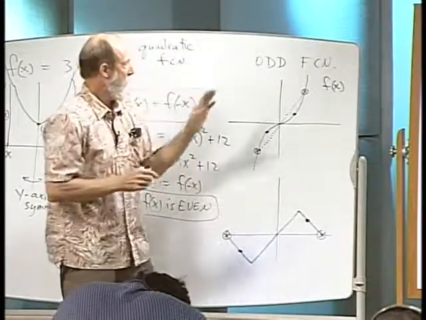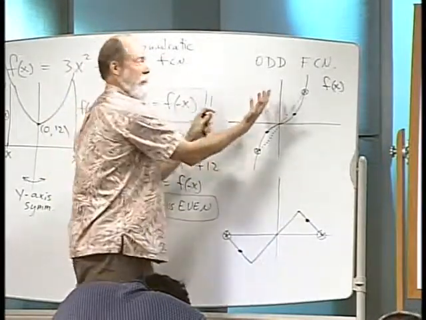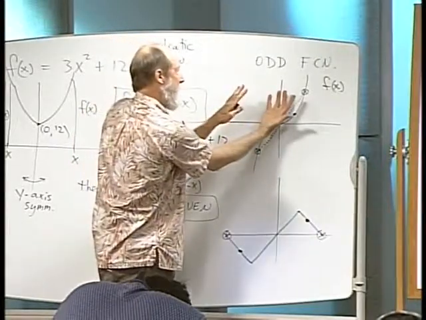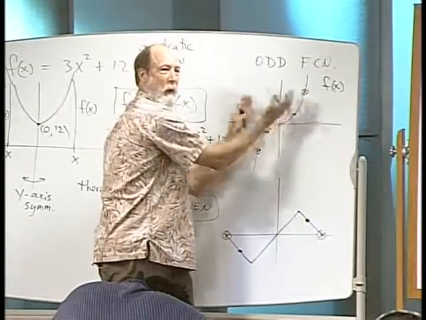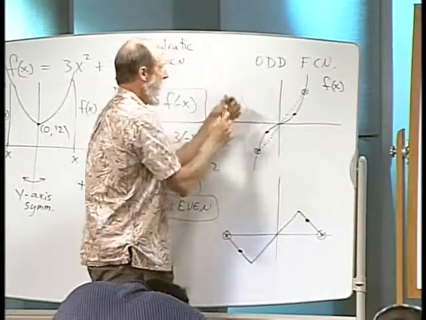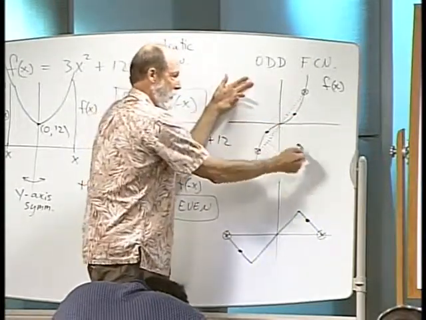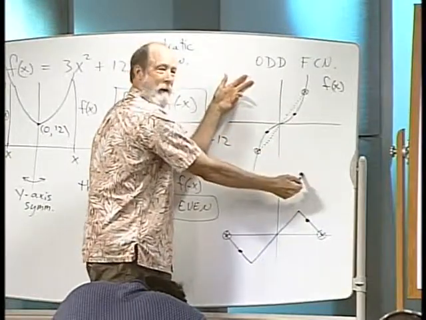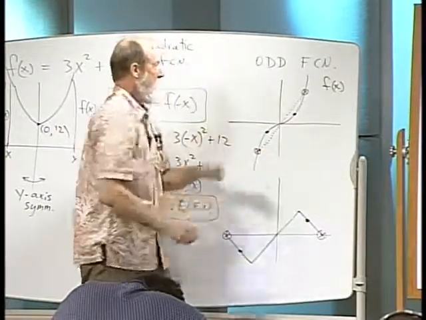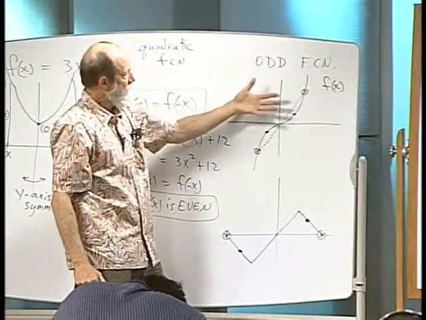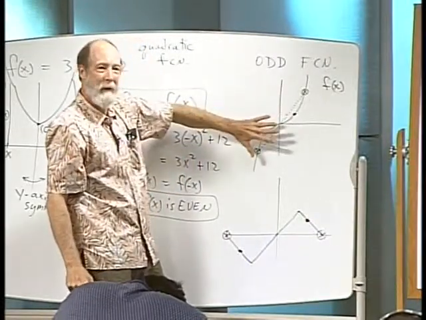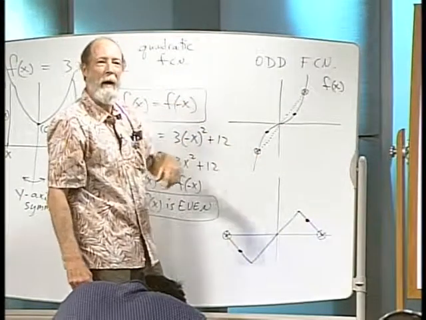So, watch this. If we took this picture, and what if we reflected it or turned it around the y-axis? It would then be sitting up over here, wouldn't it, and dropping off like this, right? Okay, keep that in your head. What if you instead took this picture and turned it upside down? Wouldn't they lay on top of each other?